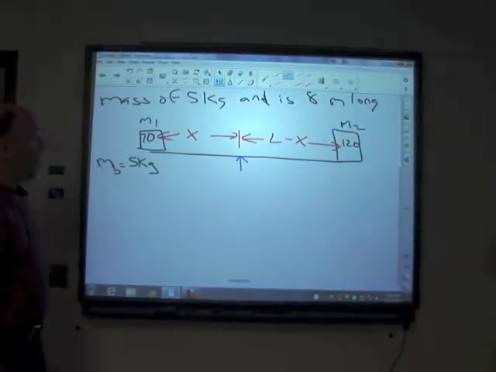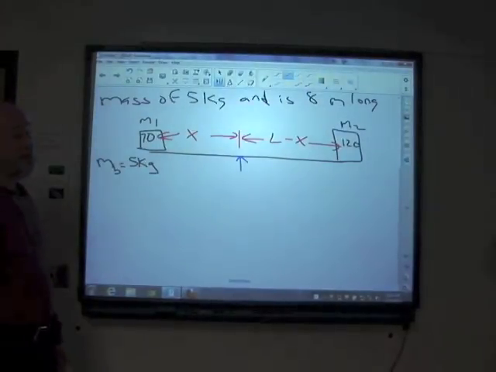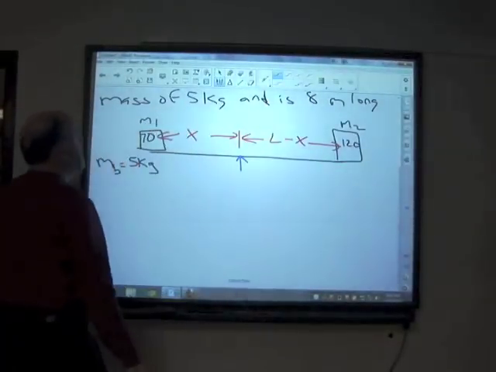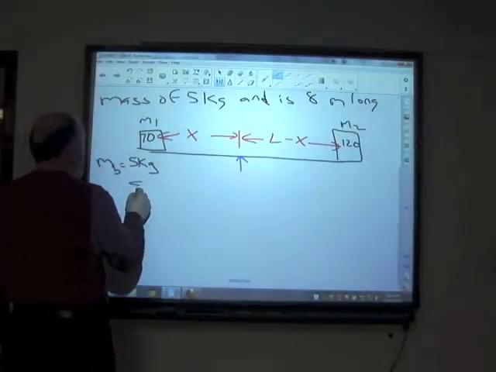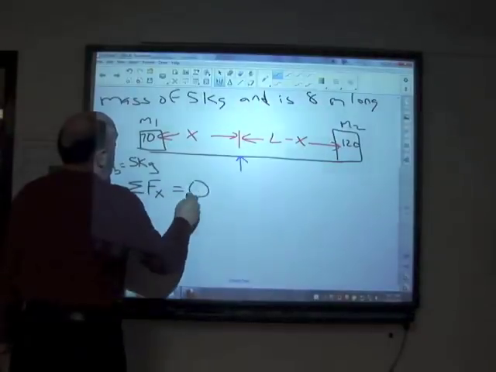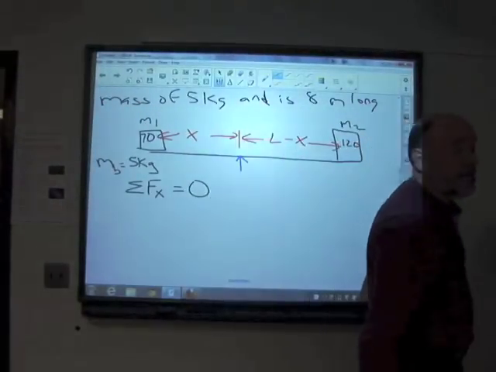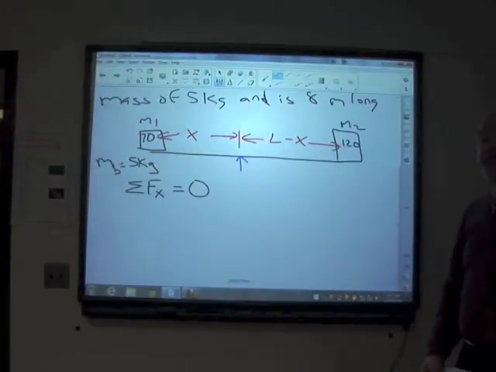So again, in static equilibrium, all the forces and the torques must be 0. So if we first look at what's happening in the x direction, the sum of the forces in the x direction will be 0, and of course in this whole scenario that is 0 because this thing is not moving in the x direction.